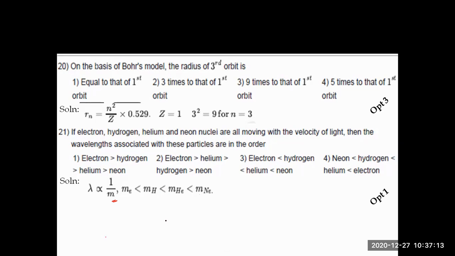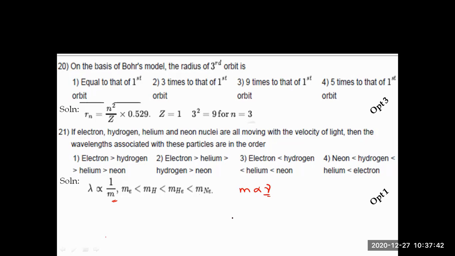Sir, then it is directly proportional to frequency, sir. No, mass and frequency are not related. What you are saying, the wavelength of matter wave, since it is 1 by m, you should say mass is directly proportional to frequency. You can say as mass increases, frequency increases, means frequency indicates the energy.